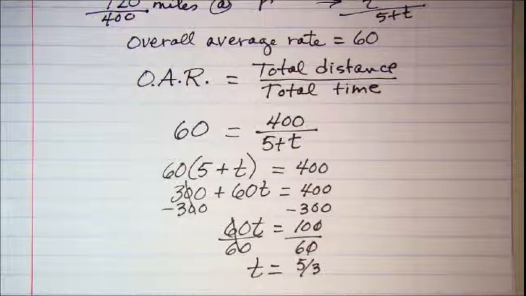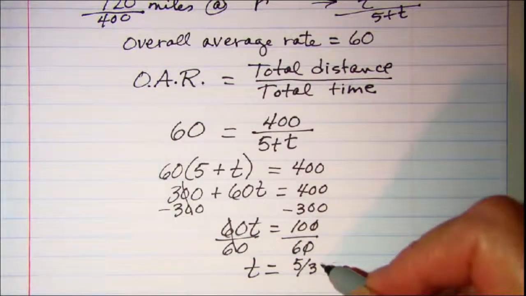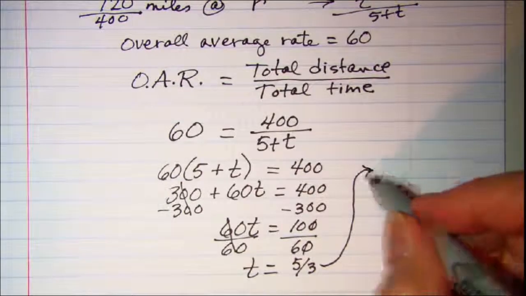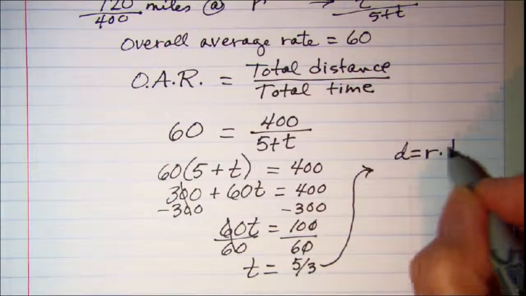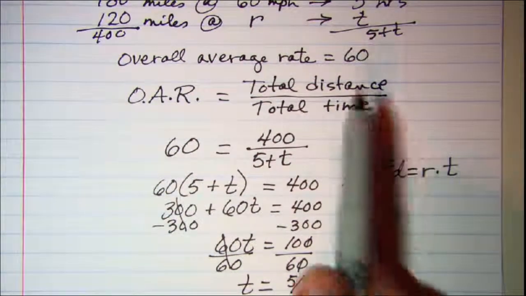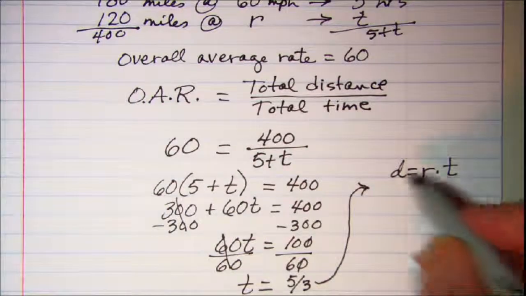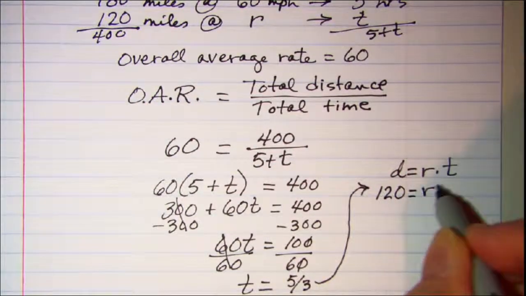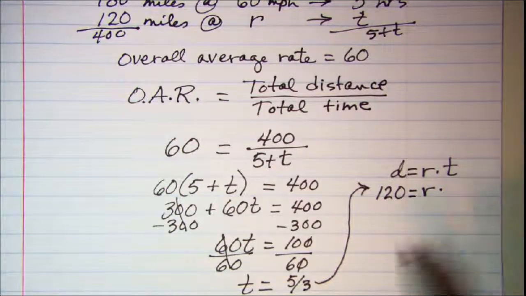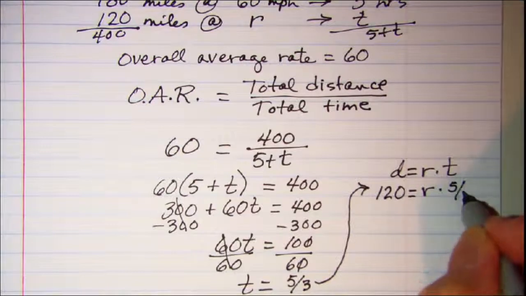Now, since I'm wanting to know how fast I have to drive, I'll use this time in my distance equals rate times time. My distance for that last part of the trip was 120 miles. I'm looking for how fast I need to drive, and my time is 5/3.